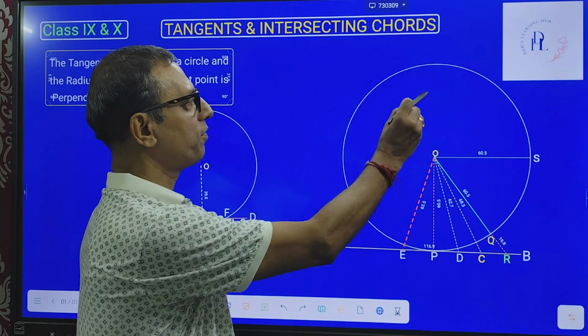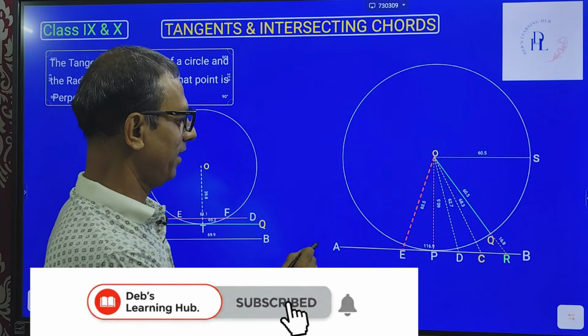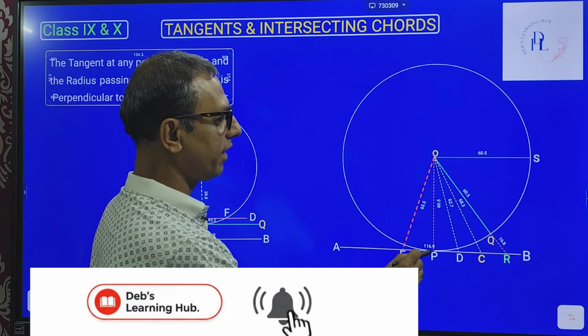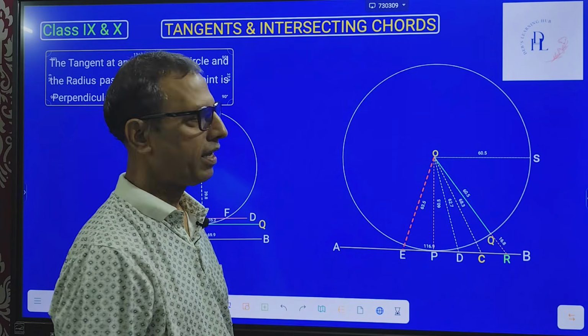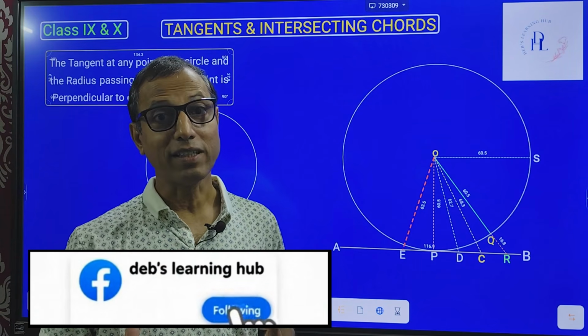Today, look carefully at this circle. O is the center of the circle. AB is the line that has touched this circle at point P, and OP is the radius. So what is your observation?